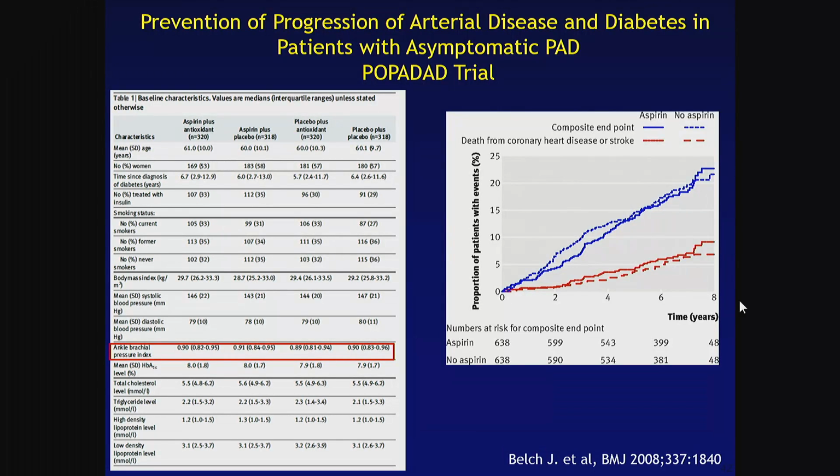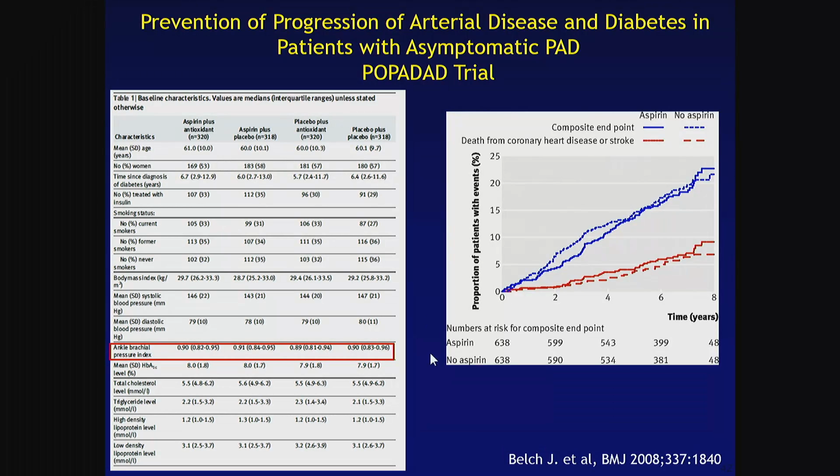As you can see on the right side of the screen, taking together patients who were on aspirin and who did not take aspirin, there was no significant difference in the composite endpoint of death from coronary heart disease or stroke, non-fatal myocardial infarction or stroke, or limb amputation or critical limb ischemia. Similarly, there was no difference in the mortality rate from coronary artery disease or cerebrovascular disease.